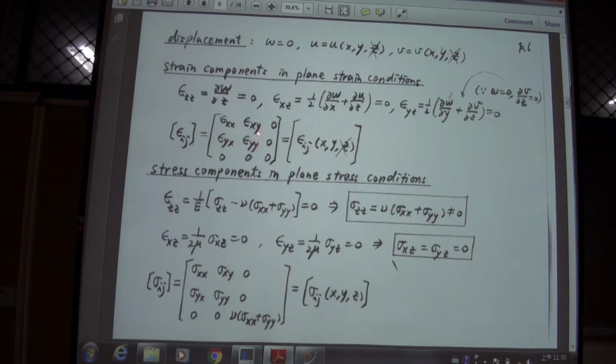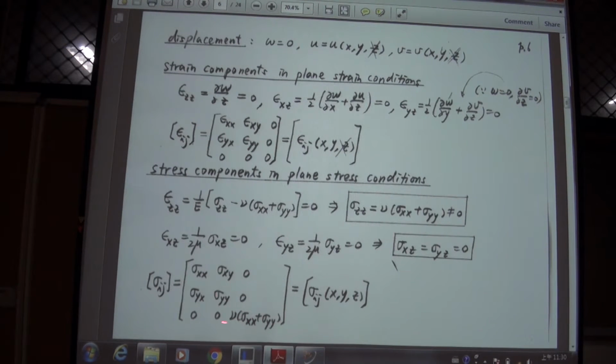The strain matrix in the plane strain situation is like this, while the stress matrix looks like this. For the strain matrix, we have all the components, but for the stress matrix, only a part of the components at the edges are zeros, but this one, sigma zz, is not equal to 0.